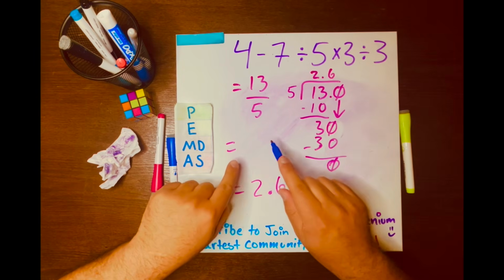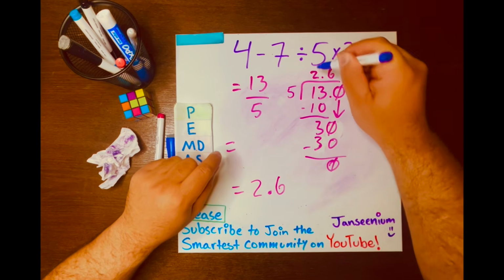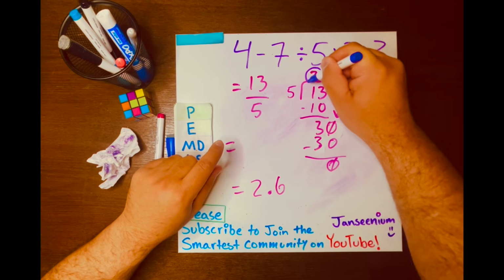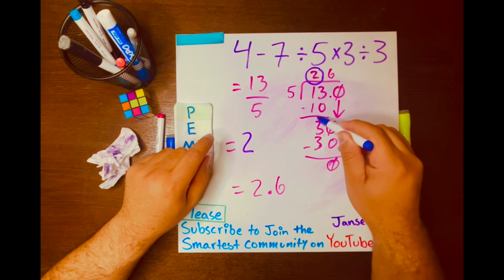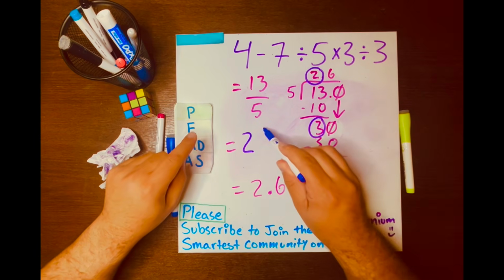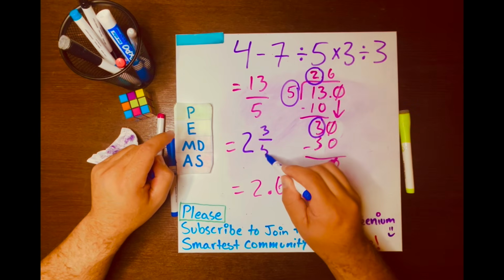I am now going to figure out the mixed number. So here's the whole number, 2. So you write 2. The remainder 3 goes above the fraction bar, and then the 5 goes below the fraction bar.